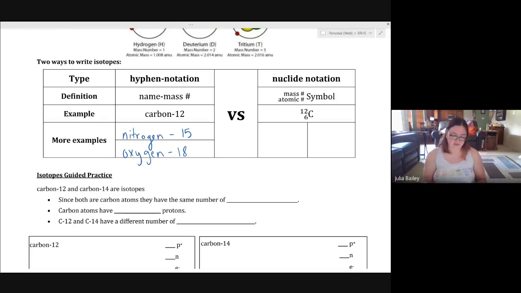You can also write this in nuclide notation, where you put the mass number on top, the atomic number on bottom, and then the symbol of the element next to it. This is really similar to some abbreviations we saw the other day, where we wrote proton with a mass of 1 and a charge of 1, or neutron with a mass of 1 and a charge of 0, or electron with a mass of 0 and a charge of -1.